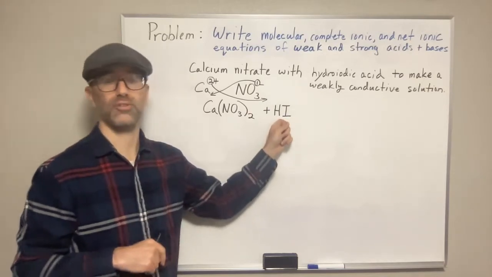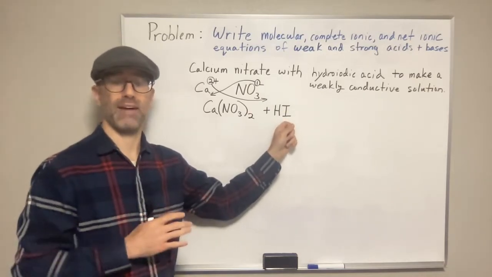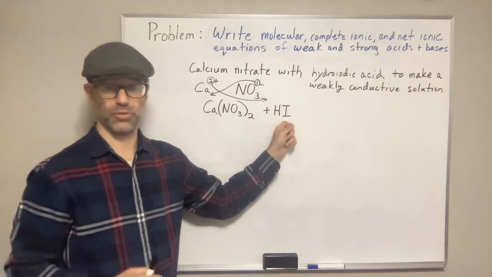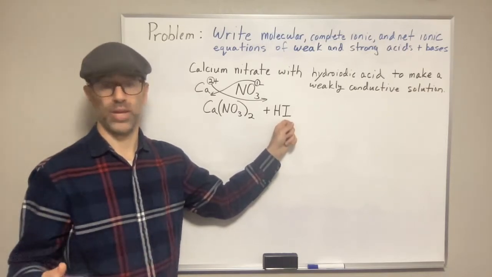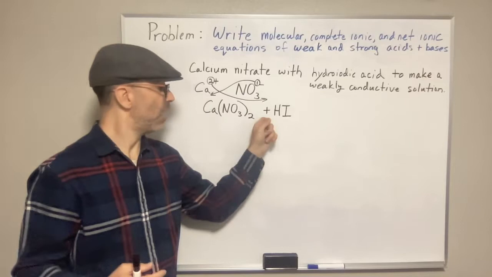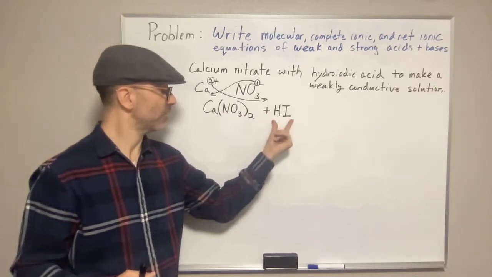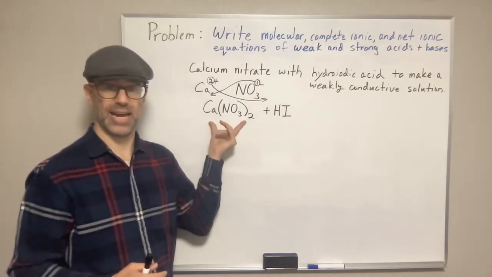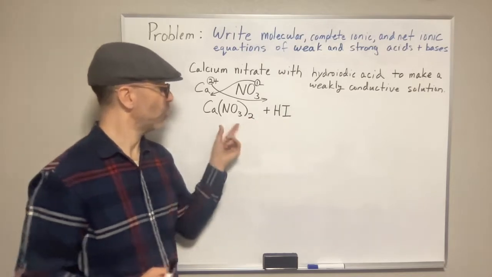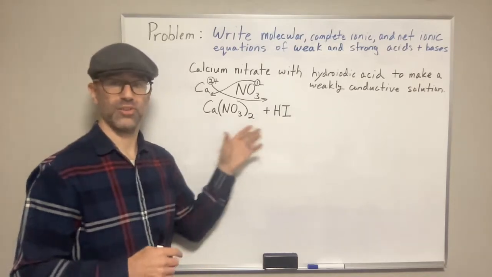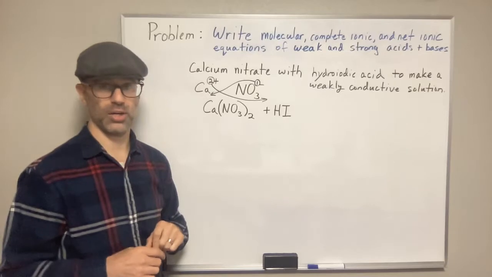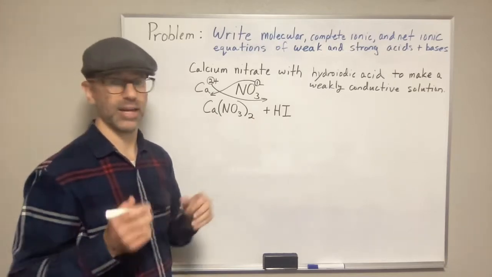So you need to know what the strong acids are, so that way, if you have something that's not among those 6, then you know it's a weak acid, and that's going to be important. But here we have a strong acid. Here we have just an ionic substance. Okay, so both of these are going to dissociate or ionize in water completely. Okay, and we'll get to that in a moment.